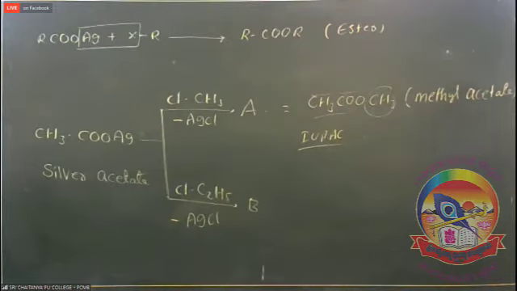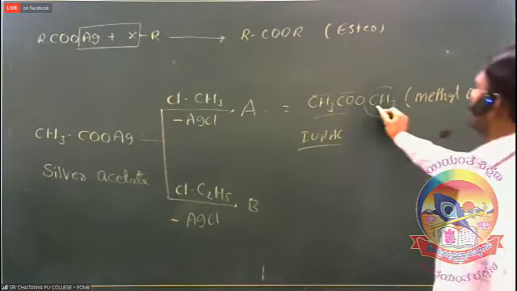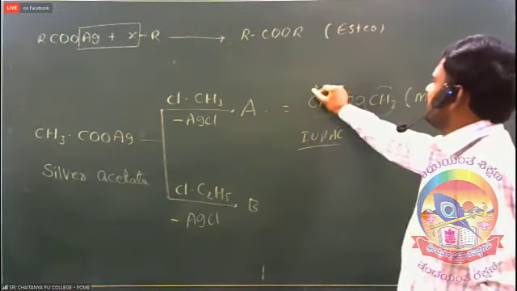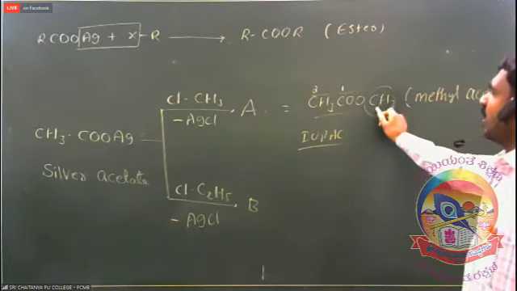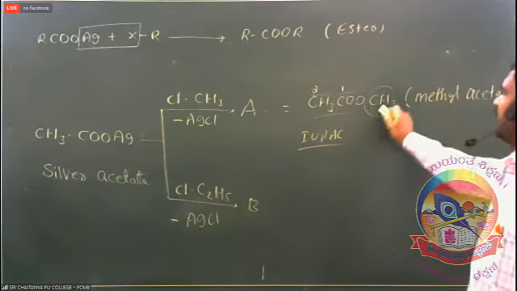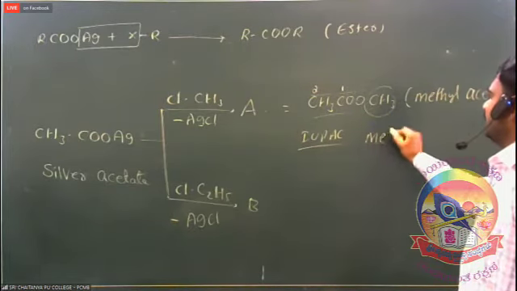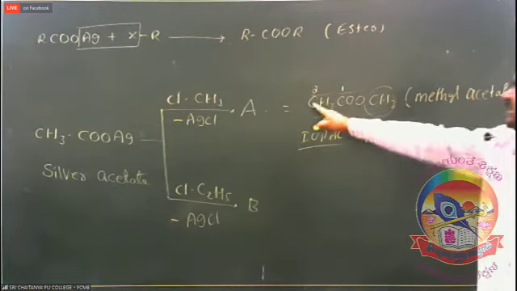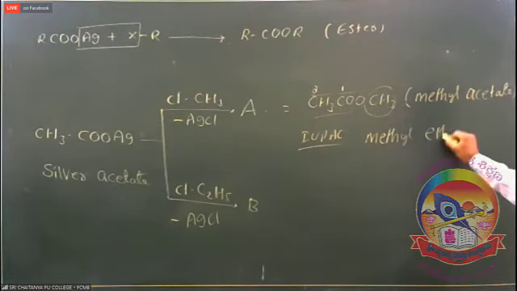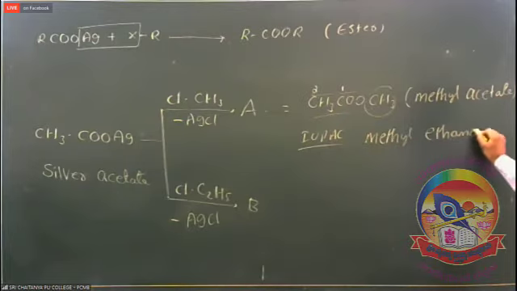The first carbon is considered as the second carbon. It is alkyl alkanoate. Here the alkyl group is methyl. It contains two carbons, so alkanoate is ethanoate. So it is methyl ethanoate.